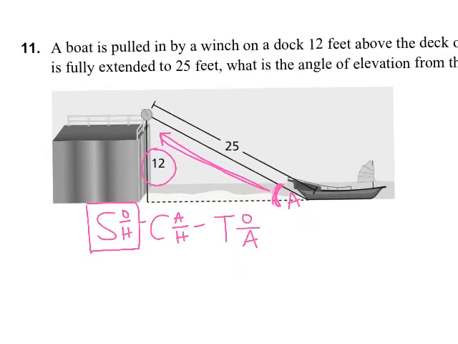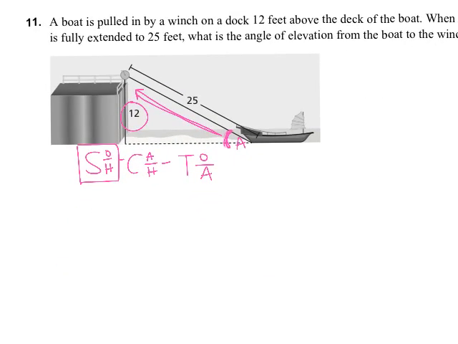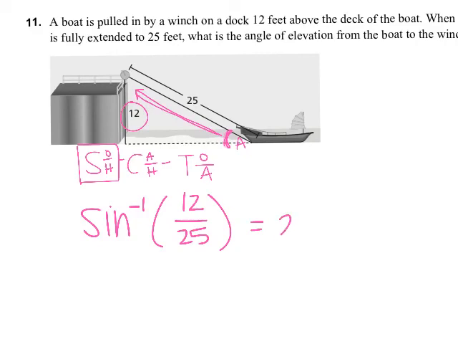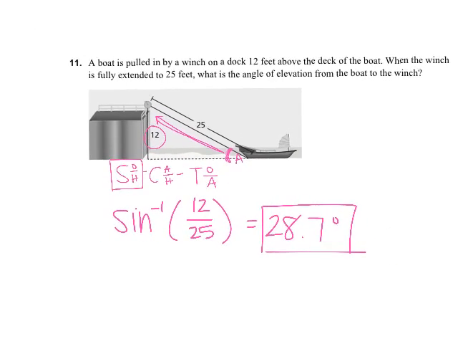So you want the sine inverse, because we're trying to find the angle, and that ratio would be 12 over 25. The sine inverse of 12 over 25, when you plug that into your calculator, you should get 28.7 degrees. So that would be the angle of elevation from the boat to the winch.